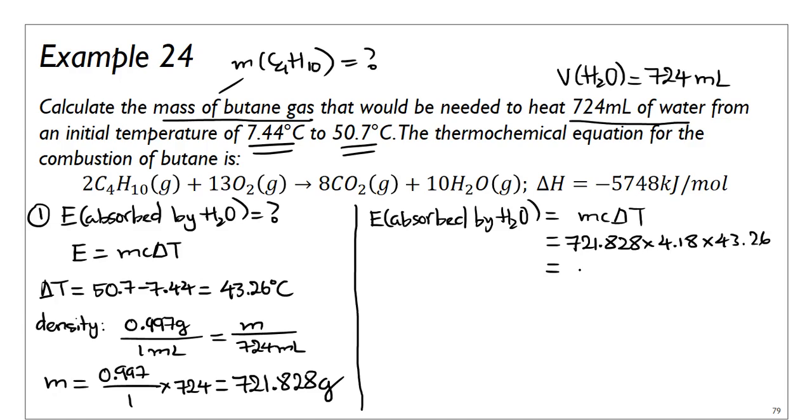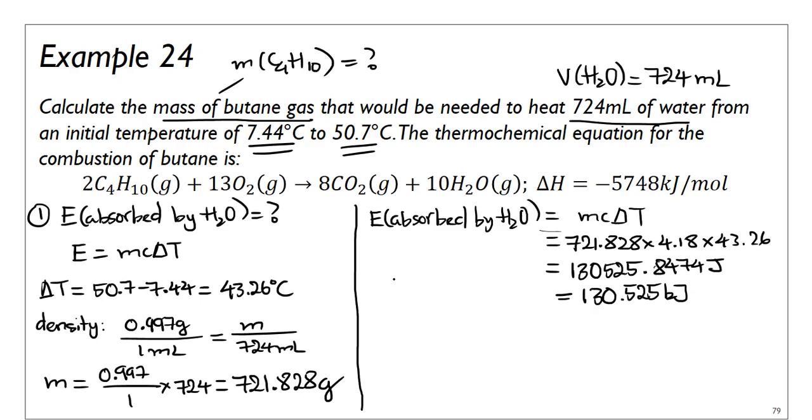Okay, so 130,525.874, and the unit is going to be joules because once again specific heat capacity is in joules. I'm going to go ahead and convert it to kilojoules because if you look at the thermochemical equation, that is in kilojoules. So at one point very soon, you're going to have to do a conversion before you can compare the two ratios. So this is in kilojoules.